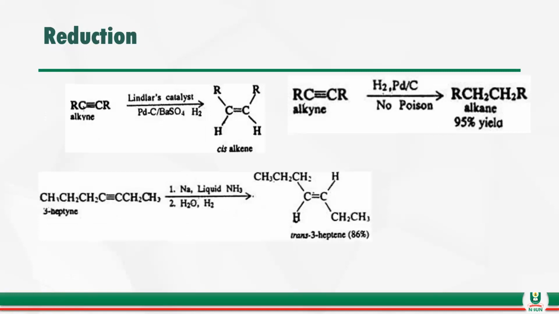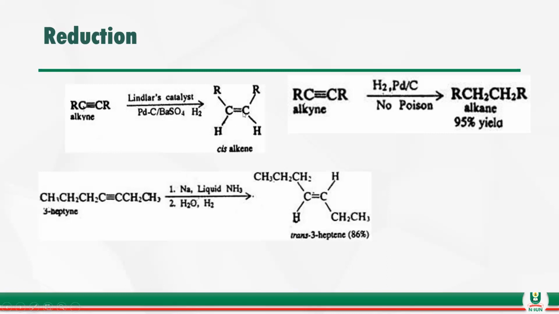Reduction of alkynes. Alkynes could be reduced in the presence of Lindlar catalyst, okay, which involves palladium on activated carbon, in the presence of barium sulfate. This is the hydrogenation itself, the reducing agent here. Okay, you can see this is hydrogenation, addition of hydrogen. So when this hydrogen is added in the presence of Lindlar's catalyst, you are ending up with alkene.